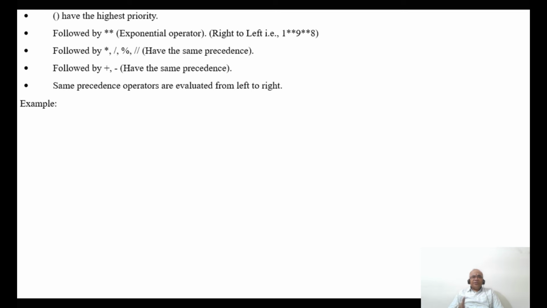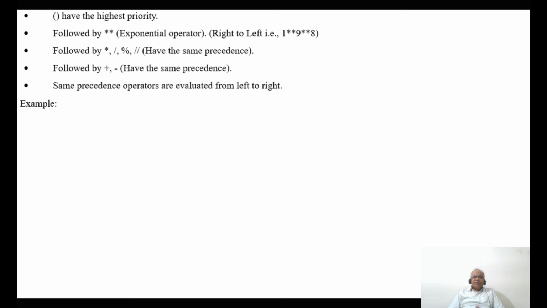Then 1 to the power of 72 is 1. Followed by the mathematical operators, that is star, divide, floor division, then percent, all of which have the same precedence. Then followed by plus and minus, which again have the same precedence.